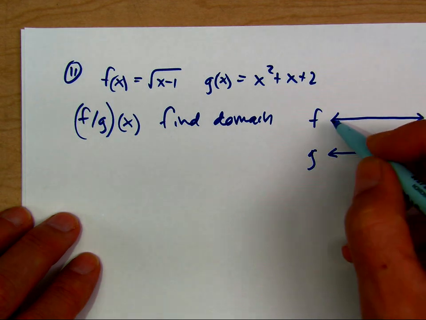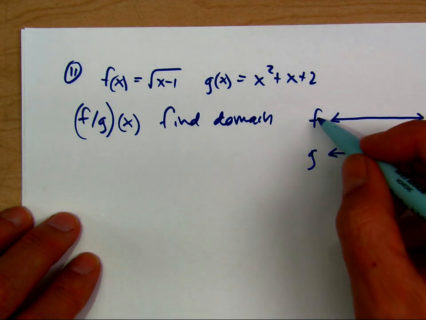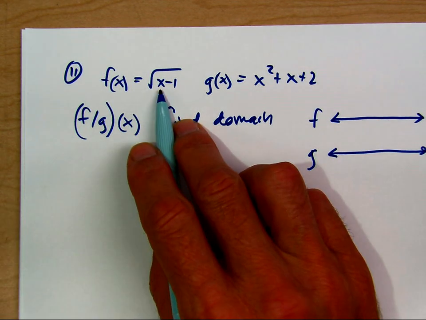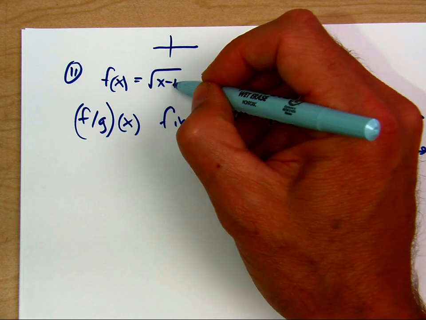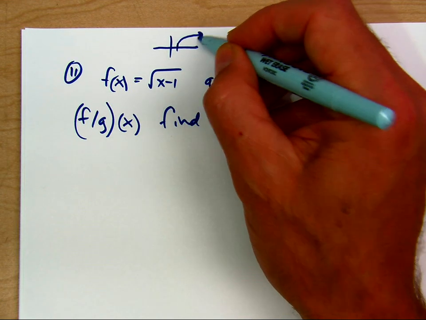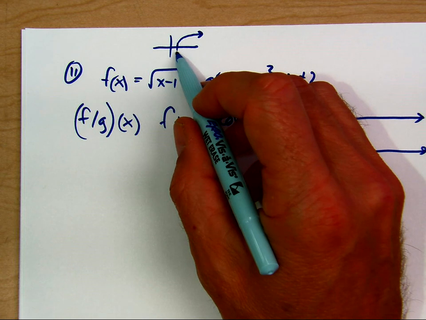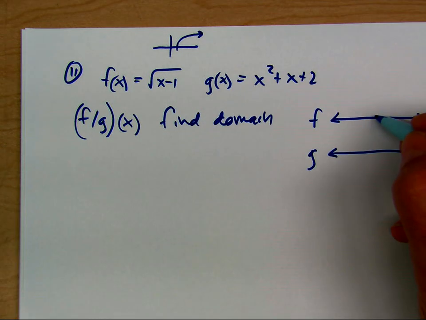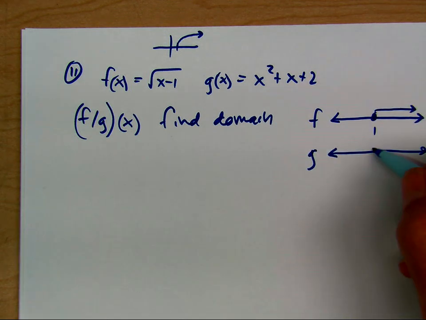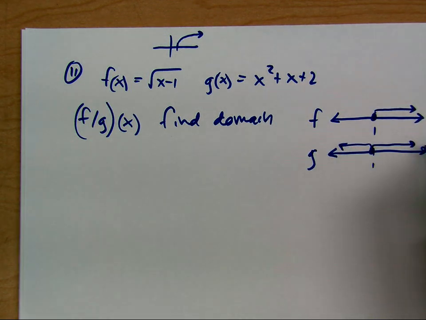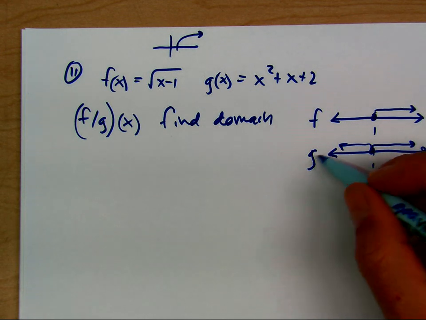Here, it's a radical that got shifted to the right, so we know the domain of this starts at 1 and goes to infinity. There's the domain. Every polynomial has all real numbers, so it goes in both directions for g, for the domain.